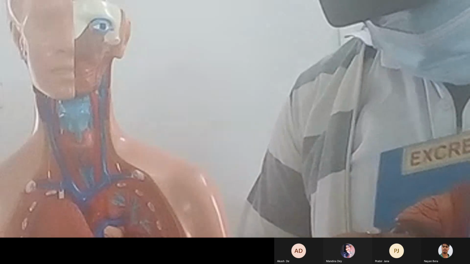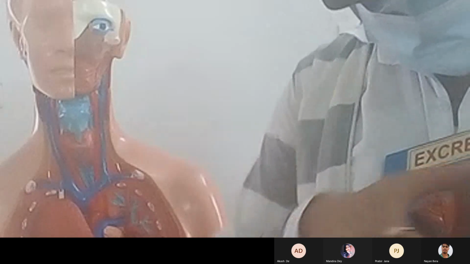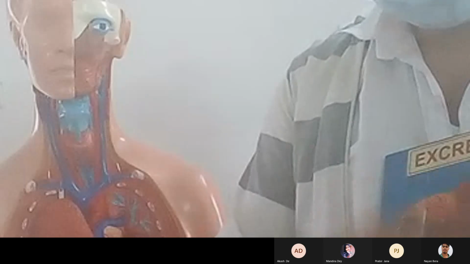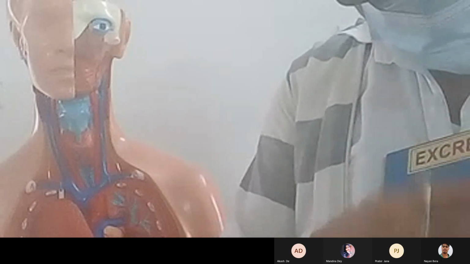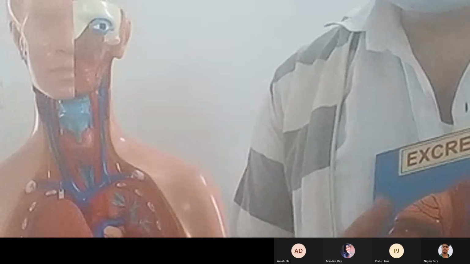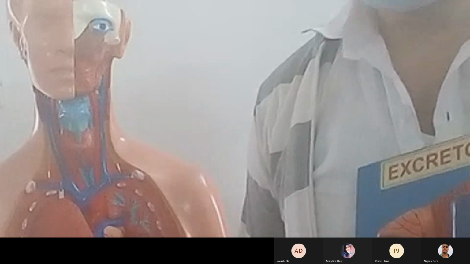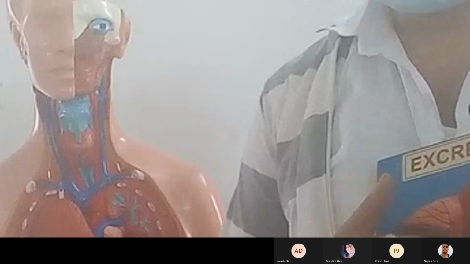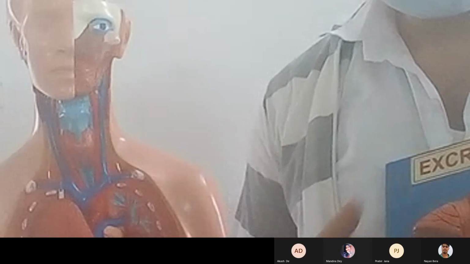In front of the renal artery, a branch of this vertically placed blue colored big size tube is the inferior vena cava. Here, this is the inferior vena cava.